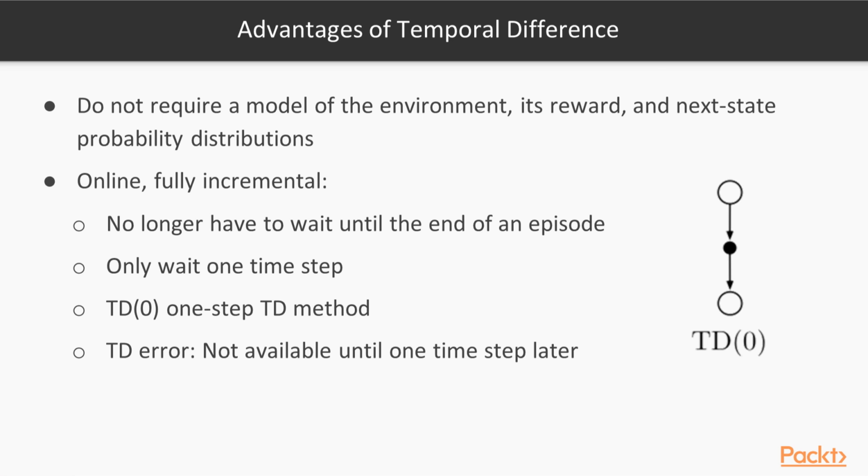Temporal difference methods are much less susceptible to these problems because they learn from each transition regardless of what subsequent actions are taken. The temporal difference, or TD error, at each time is the error in the estimate made at that time. Because the TD error depends on the next state and the next reward, it is not actually available until one time step later.